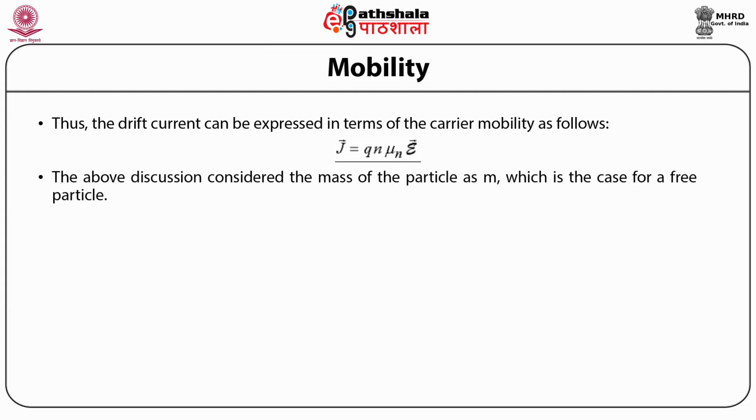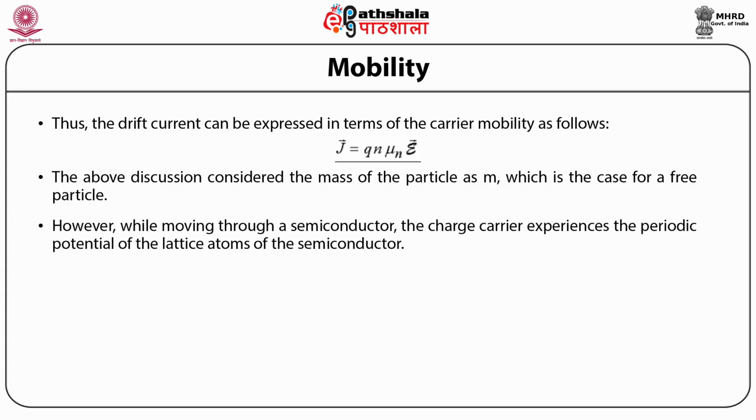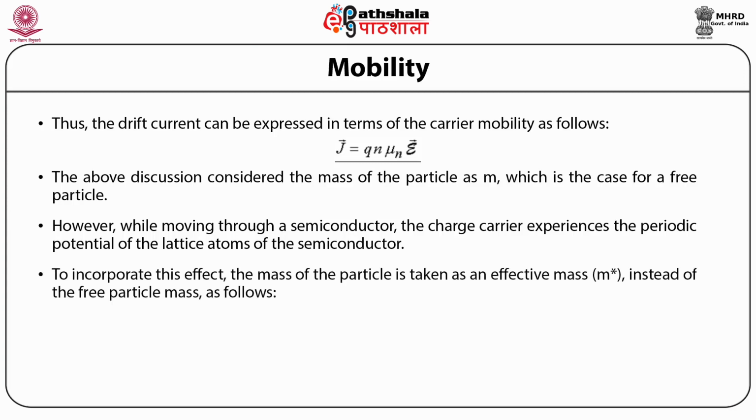Thus, the discussion here considered the mass of the particle as m, which is the case for a free particle. However, while moving through a semiconductor, the charge carrier experiences the periodic potential of lattice atoms of the semiconductor. To incorporate this effect, the mass of the particle is taken as an effective mass m star instead of free particle mass, so mu equals q tau divided by m star.